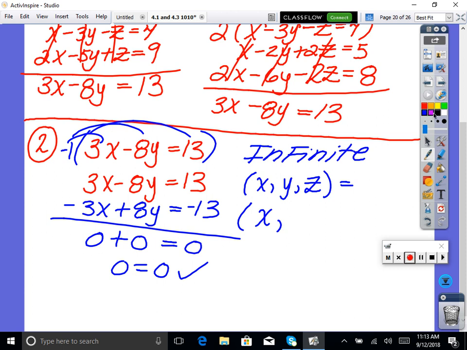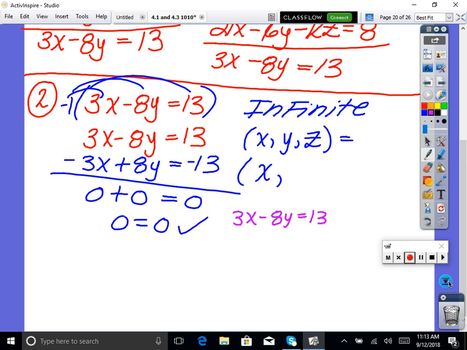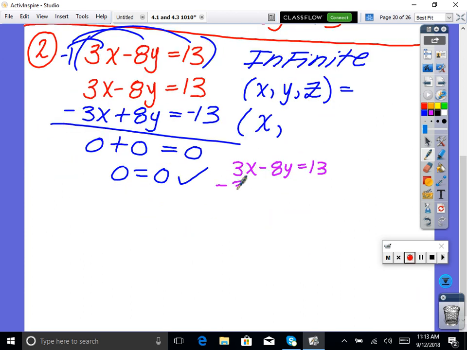I'm going to change colors here. Starting with 3x minus 8y equals 13, get it in y equals mx plus b form. Here we go. Subtract 3x, so we have negative 8y is equal to negative 3x, I write mx first, plus 13. Divide by negative 8.